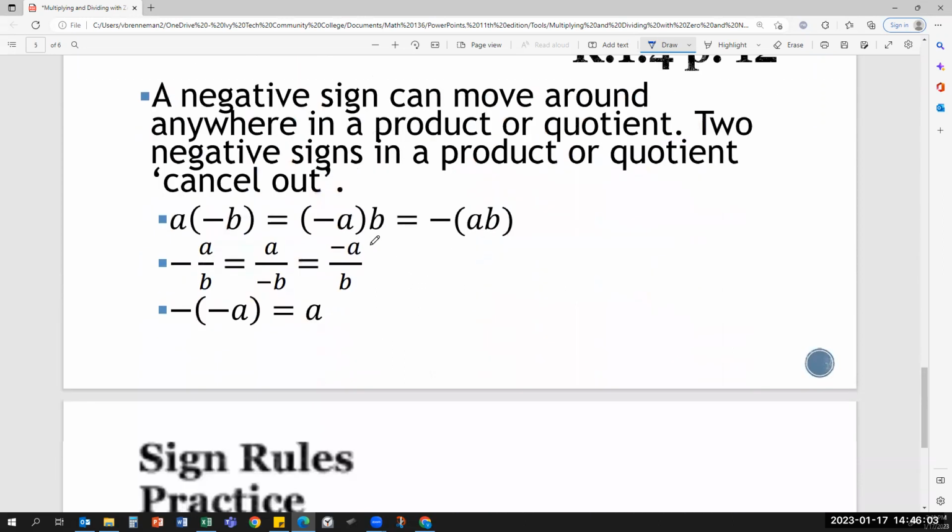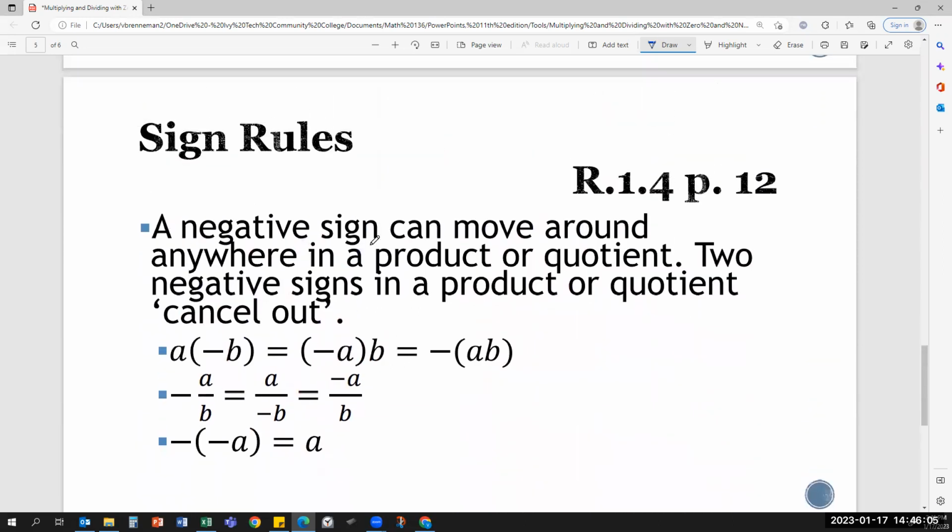All right, and then sign rules, basically how negative signs work with multiplication and division, because a negative sign really can be thought of as multiplying or dividing by negative 1. Then just like multiplication can be reordered, that negative sign can move around from factor to factor or from up or down in a fraction.